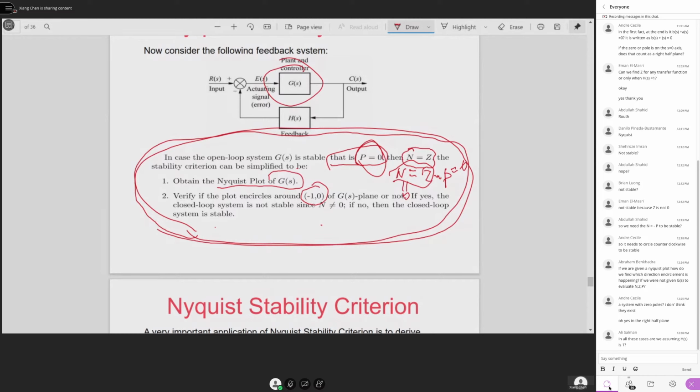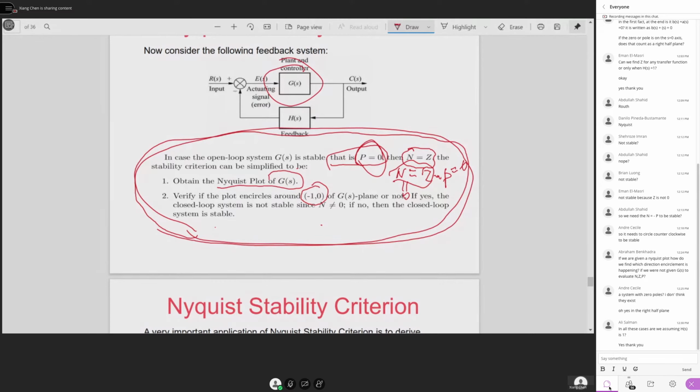The nature of the transfer function does not change. You agree with that? You got my point? That is why I don't even mention the H of s not equal to 1 case, because you can derive it easily. Any other question?